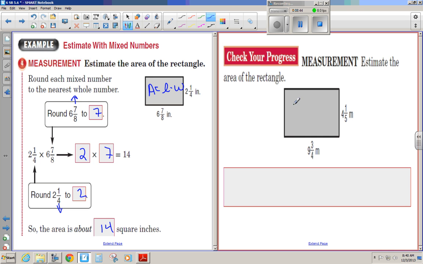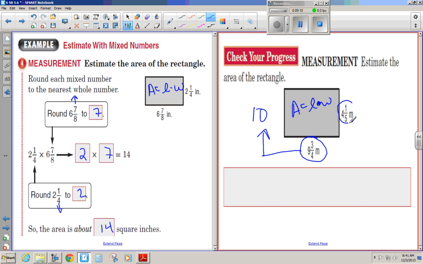So again, please make sure you write this down. Area is equal to length times width of a rectangle. And if we look at 9 and 3/4, let's round that up to 10.